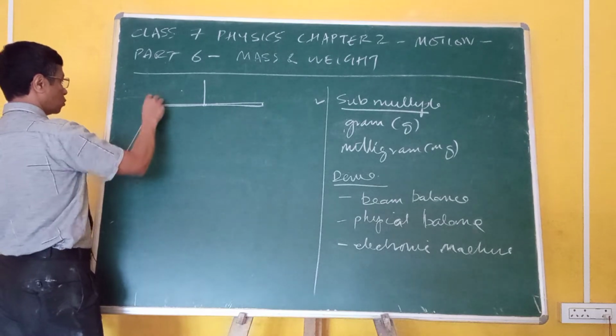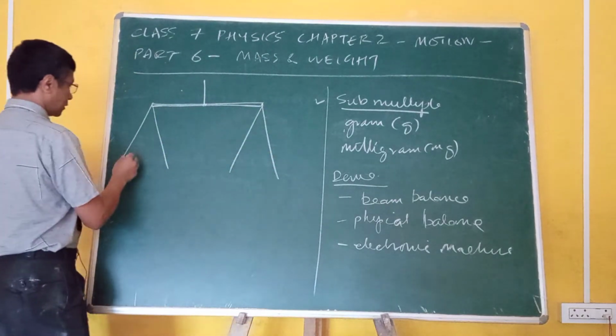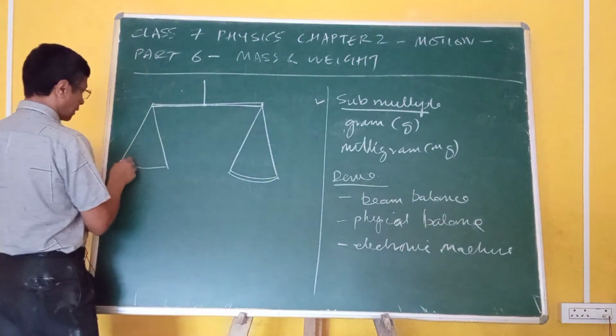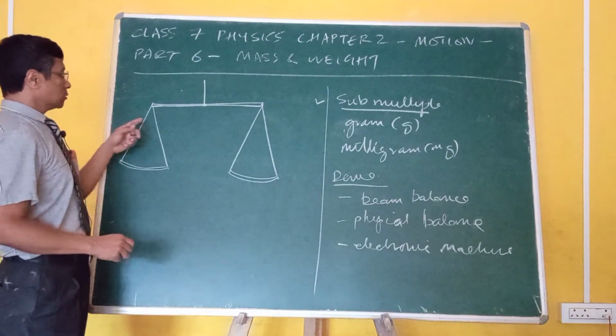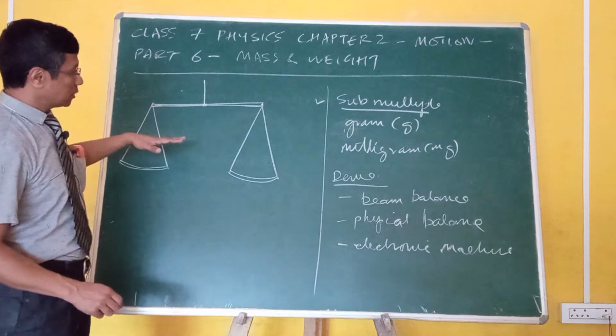On the two ends there is either a chain or a string connected to pans, which are used for holding the item being weighed. This is called a beam balance, and it is used for measuring mass.